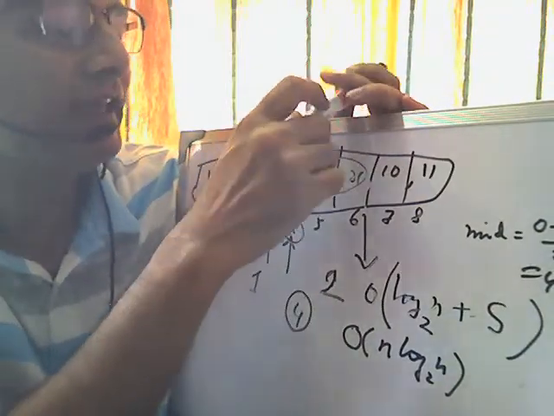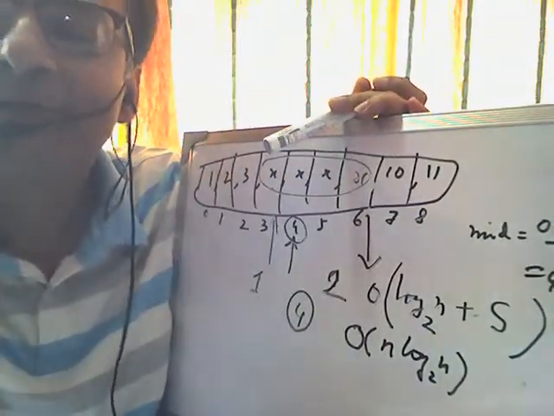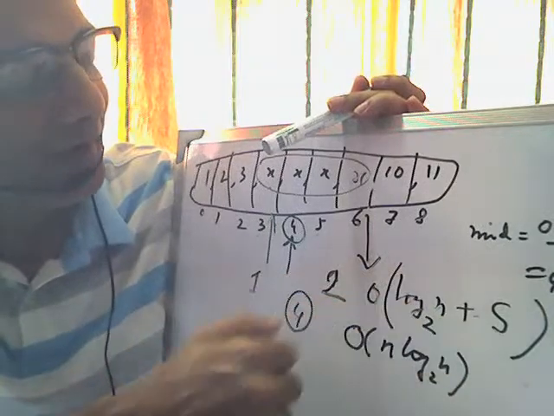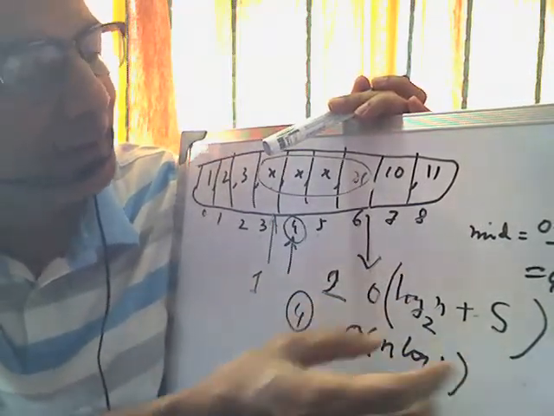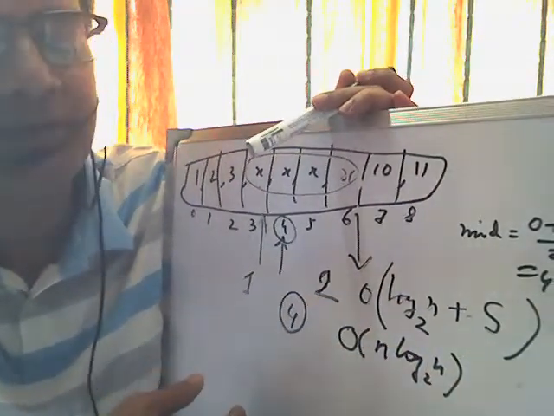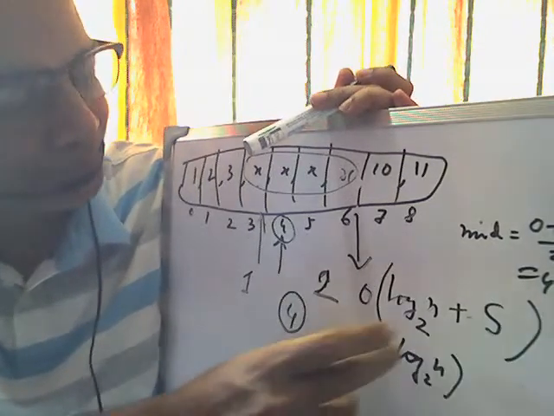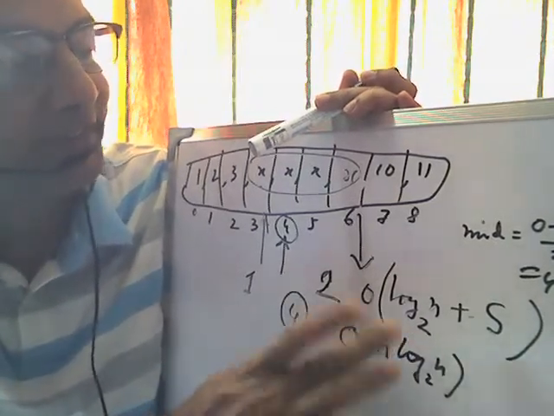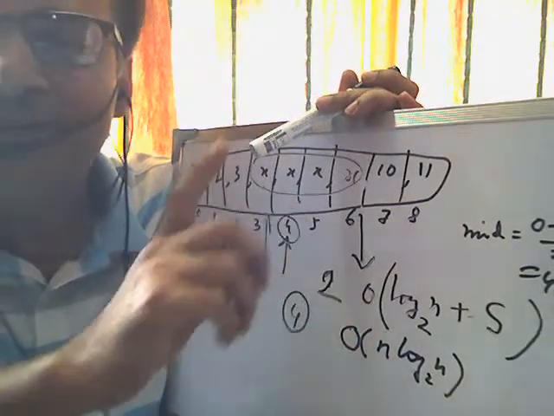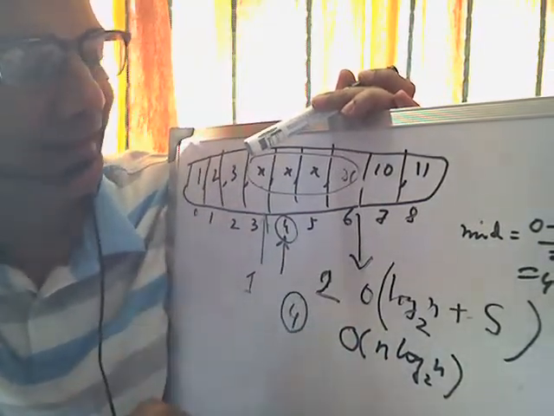Sorting complexity is n log n, and your searching time is order of log n. So n log n plus log n, that means n log n is definitely the dominating term here. So this will give you the complexity.